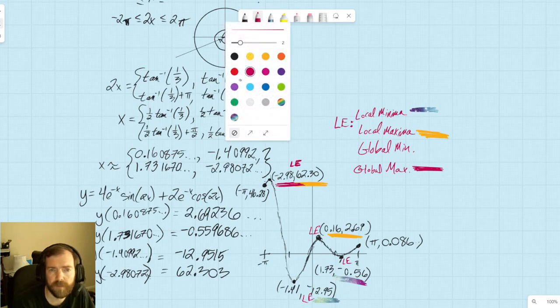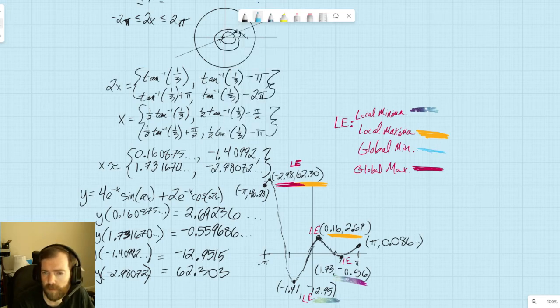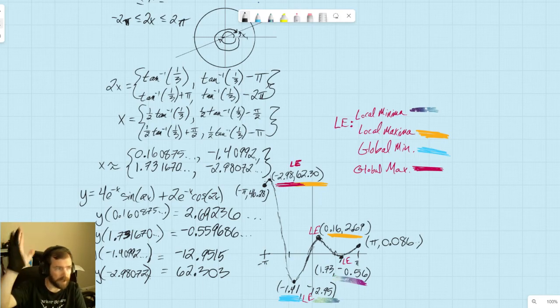And global minimum is going to be this one here. Now keep in mind, we are restricting this over this domain from negative pi to pi. So we're saying for this domain, there is a global min and global max. For the domain of the entire function, there's going to be neither one of those because the mins and maxes go on out forever, oscillating higher and higher and higher as we go off to the left.